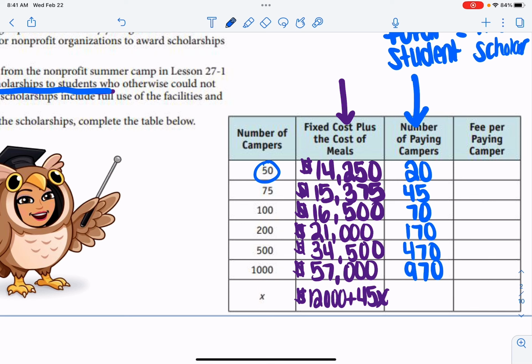How I found that number is by doing the number of campers, x, minus 30 scholarships.